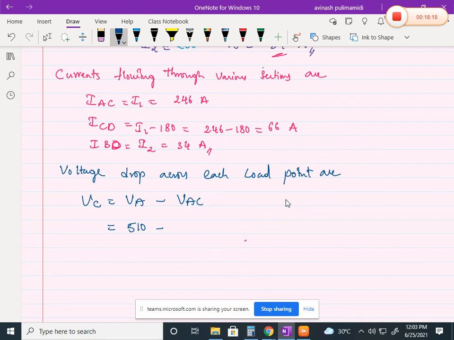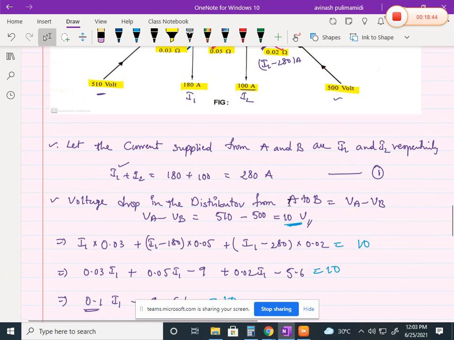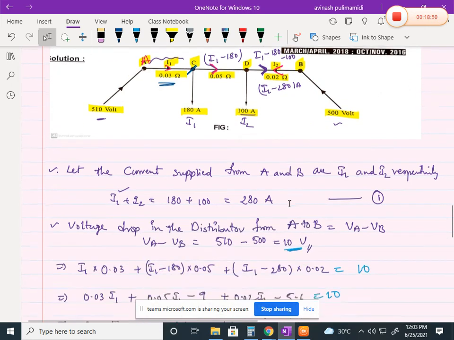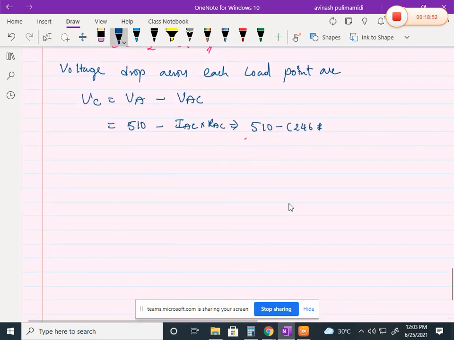Minus the voltage drop across AC, which will be the current flowing through IAC into RAC. That implies 510 minus, what is the current flowing through IAC? I1. I1 is how much? 246. 246 multiplied by RAC. What is the AC resistance? 0.03.